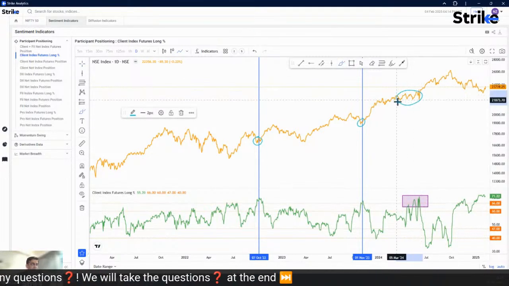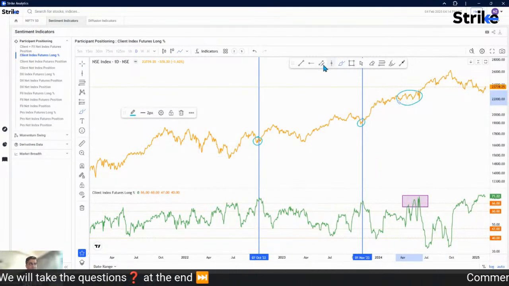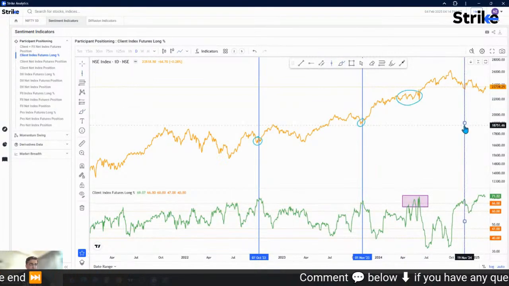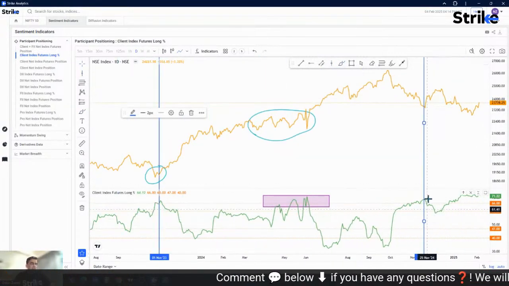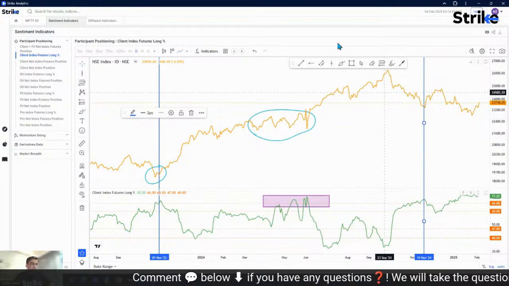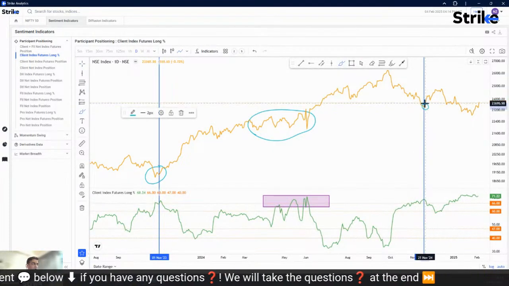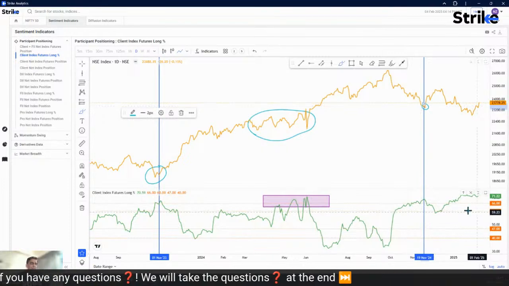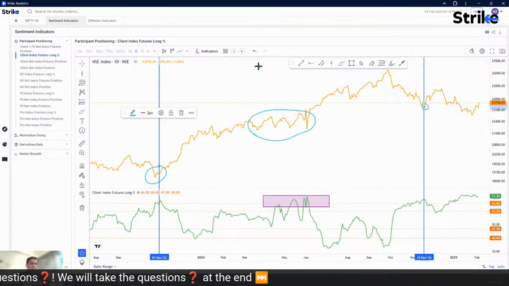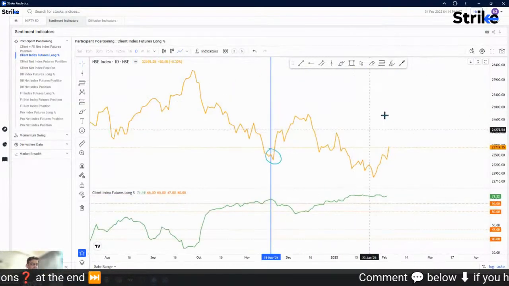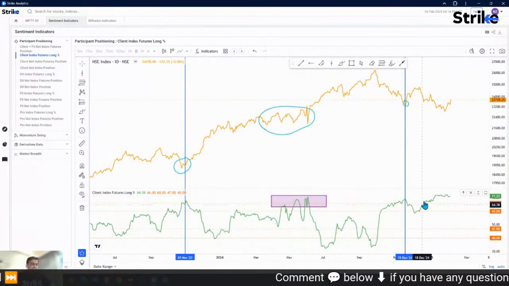Similarly, recently when this particular indicator came to this level, the market made a short term bottom over here. Now once again you can see that this indicator is at its highest level.